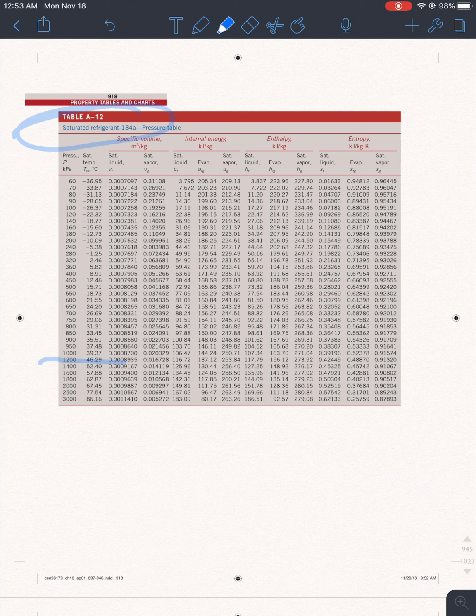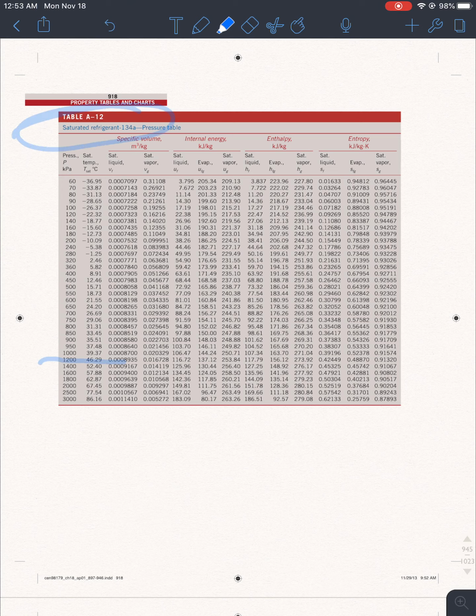So this is equal to 46.29, the saturation temperature at 1.2 megapascals, or 1200 kilopascals. And then it's plus this thing, which is a negative value, 5 Celsius.